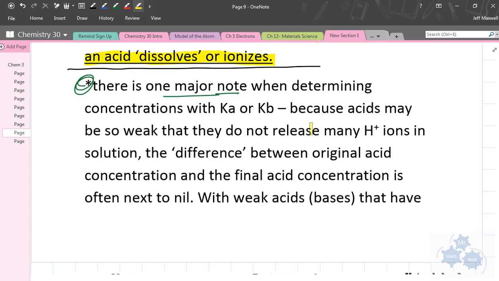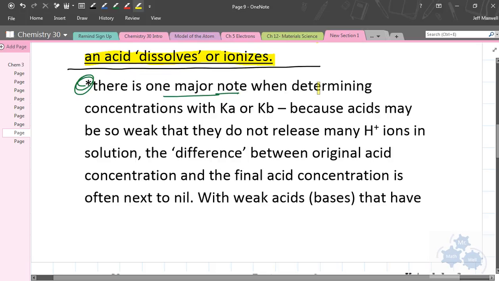So it hardly ionizes at all. We can simplify our calculations a little when acids are extremely weak. Because these acids are weak, the difference between the original acid concentration and the final acid concentration is often next to nothing.